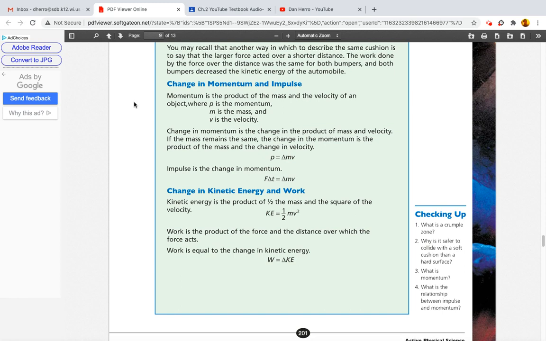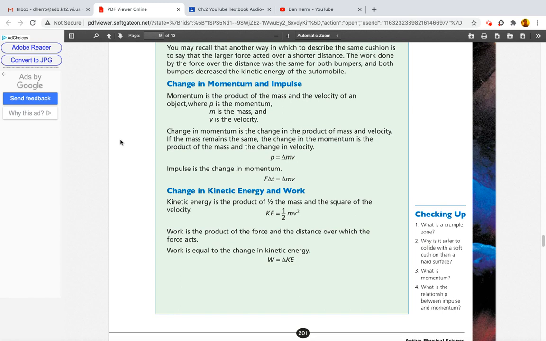Change in momentum and impulse. Momentum is the product of the mass and the velocity of an object, where p is the momentum, m is the mass, and v is the velocity. Change in momentum is the change in the product of mass and velocity.